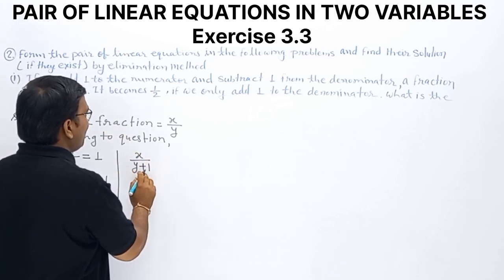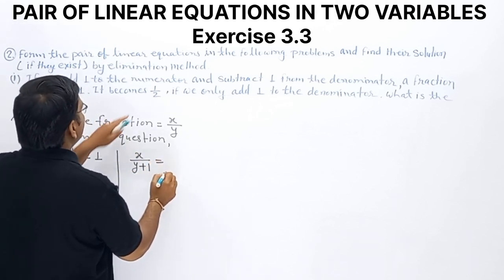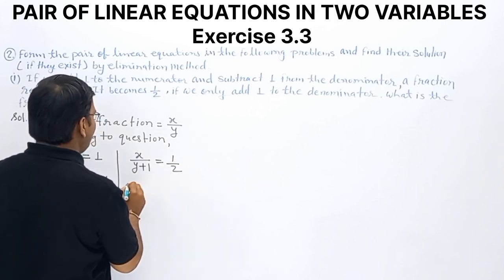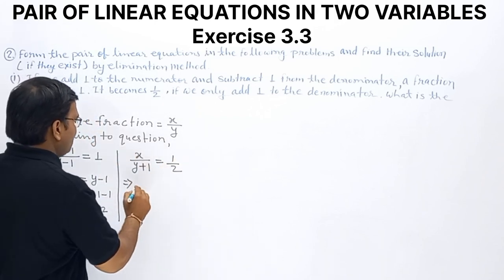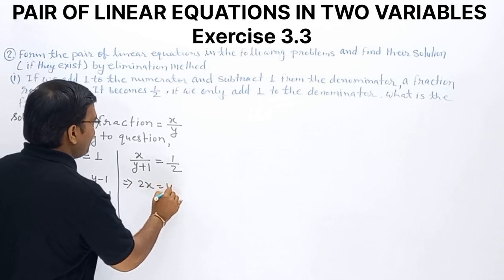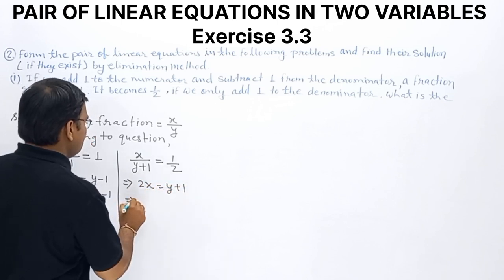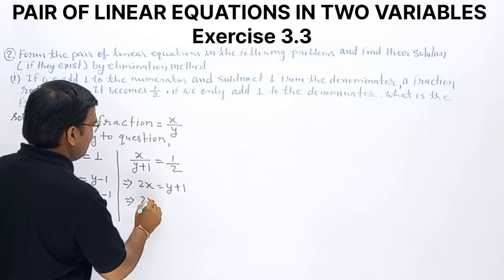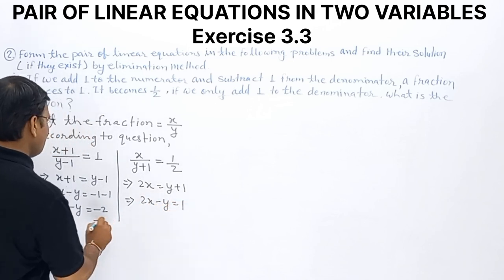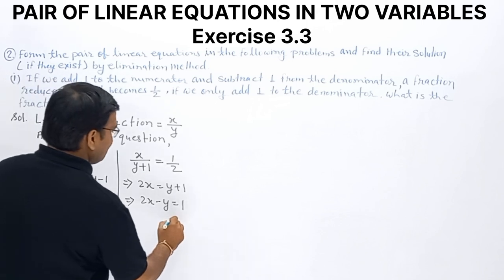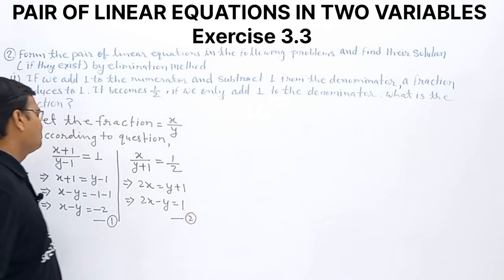So x upon y plus 1 becomes half. Again do the cross multiplication and solve. This will be 2x equal to y plus 1. Now in the general form, we write 2x minus y equal to 1. This one is equation number 1, and this one I am taking as equation number 2.